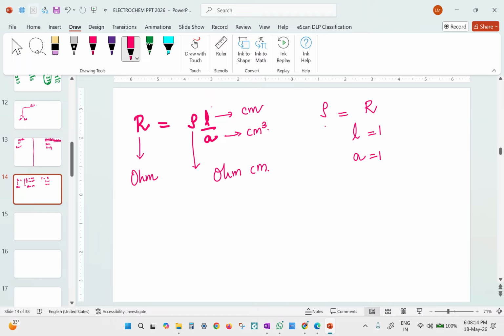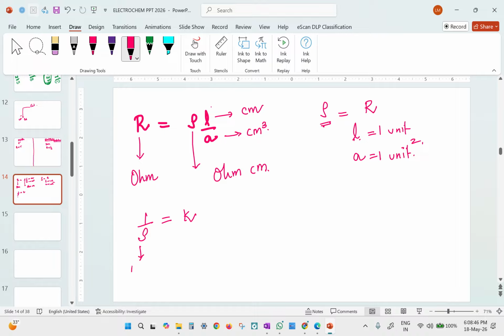Are we clear? Rho is the resistivity, which is the resistance offered by a solution when the distance between the two electrodes is 1 unit, and the area of cross section of the electrode is also 1 unit square. Any doubt about this? No, ma'am. Okay. And also I discussed something called 1 by rho is equal to kappa.